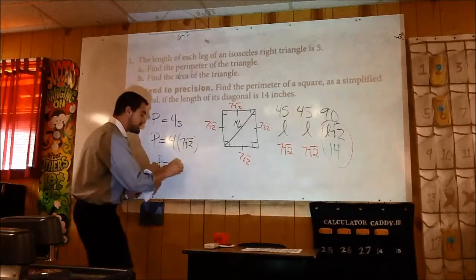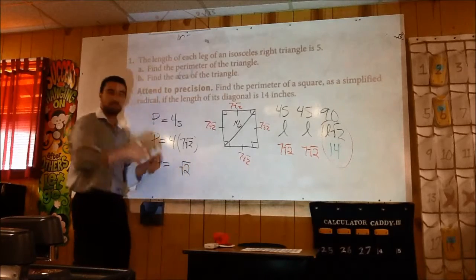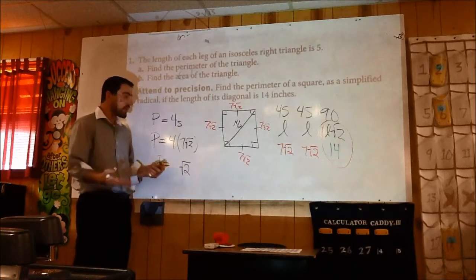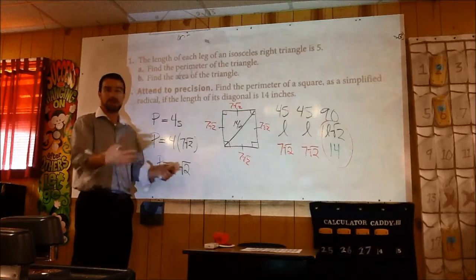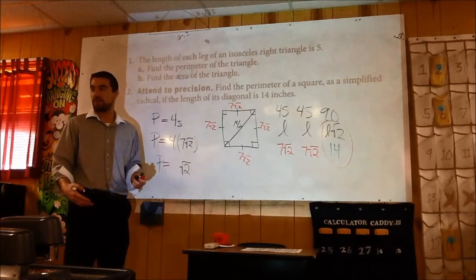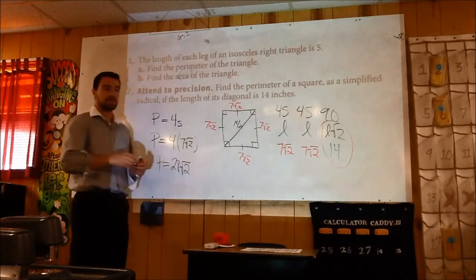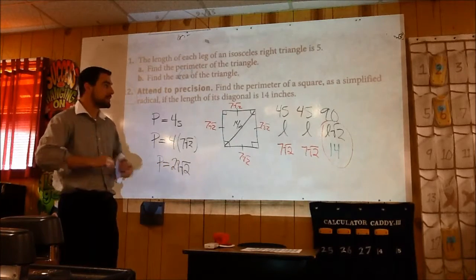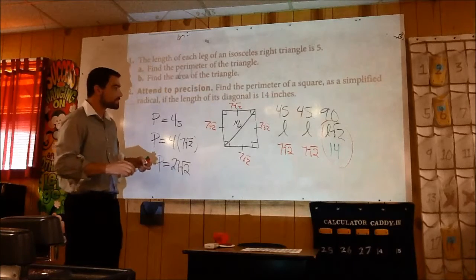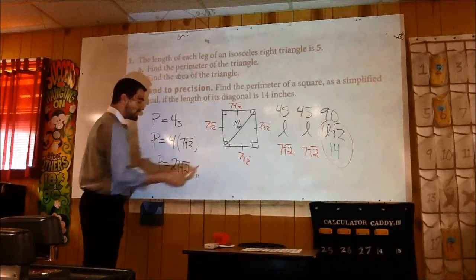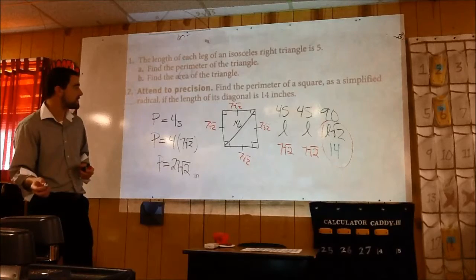So in the end, I'm still going to have a certain amount of these square roots of 2. It's just going to be 4 times as much as I started off with. And so that would be 28 square root 2. And so that is inches, because that is the unit given to us.